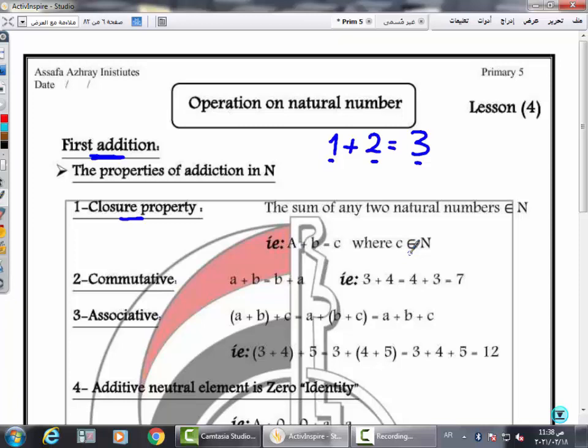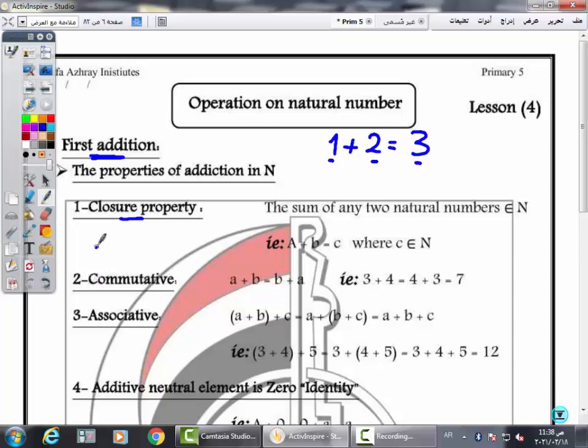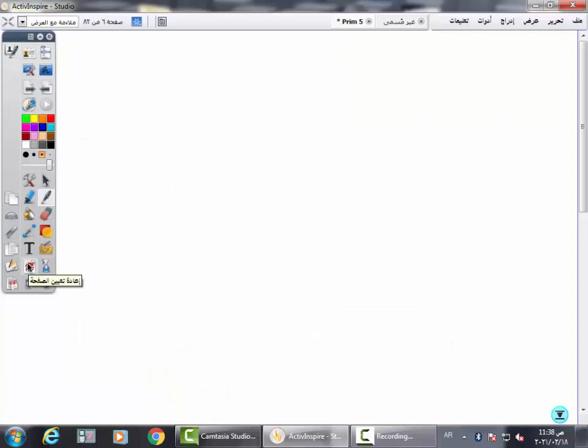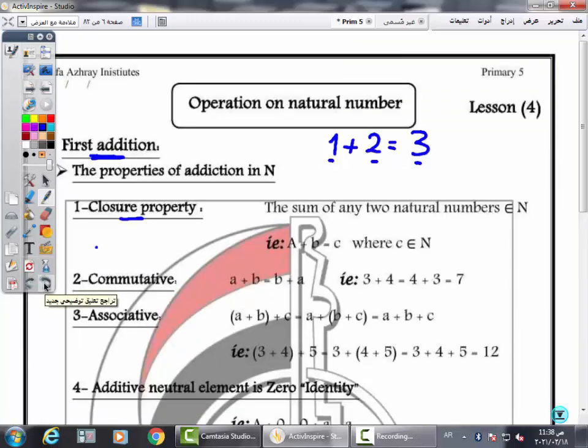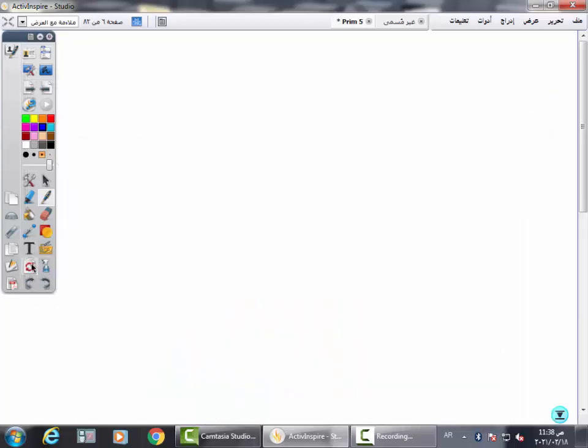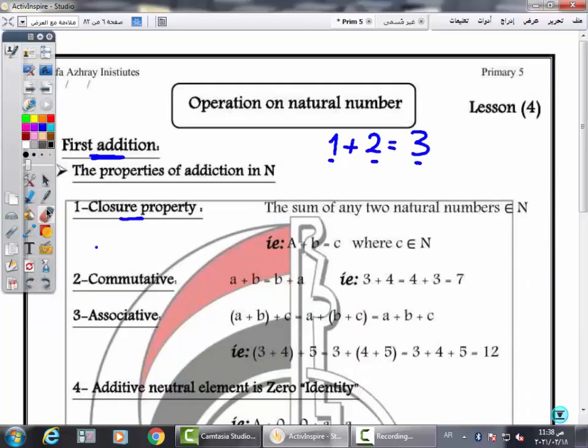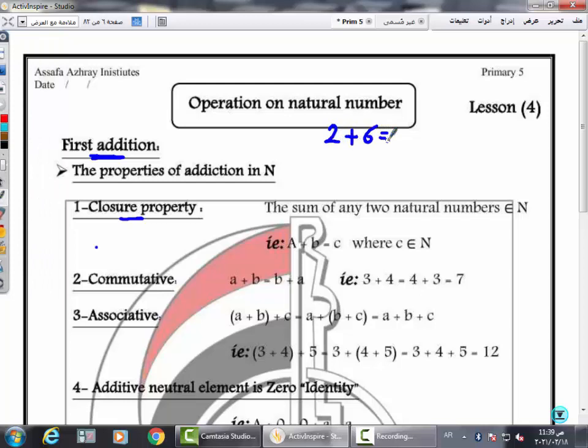The second property is called commutative property. What is the meaning of commutative property? Commutative property means if we have two numbers like 2 and 6 and we want to find the addition of the two numbers, the result will be 8.